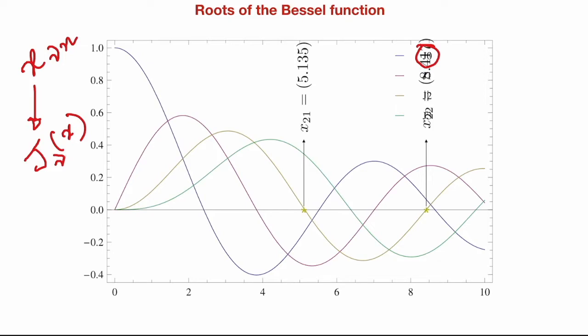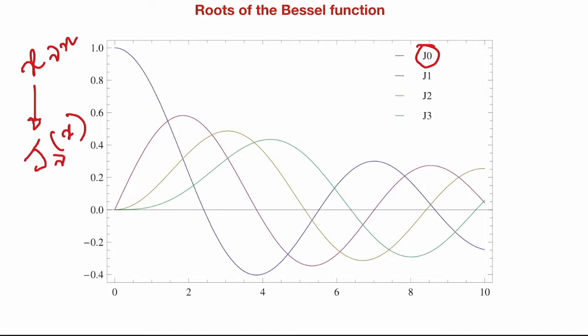We are looking at the roots in the range 0 to 10. We can list all the roots, and then we have J3, which has one root at 6 point something. So these are the roots. Apparently there is no meaningful relation from one root to another, unlike sine and cosine, which have roots at regular intervals.